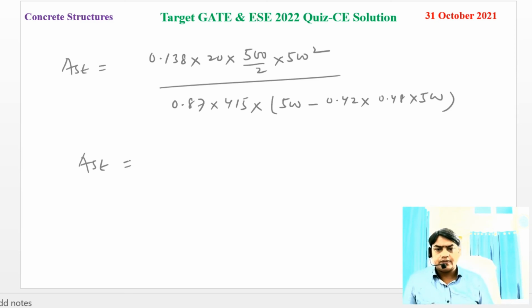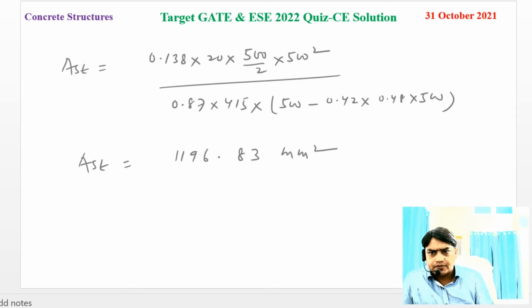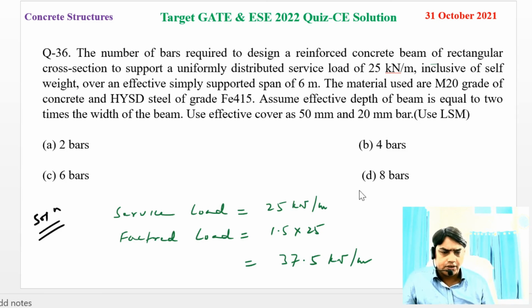So it is coming, area of steel is 1196.83 mm square, and the reinforcement is provided having the diameter is 20 mm.